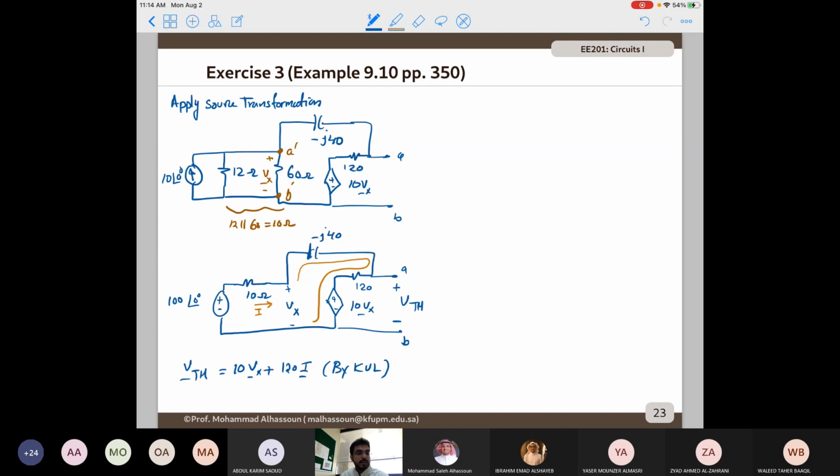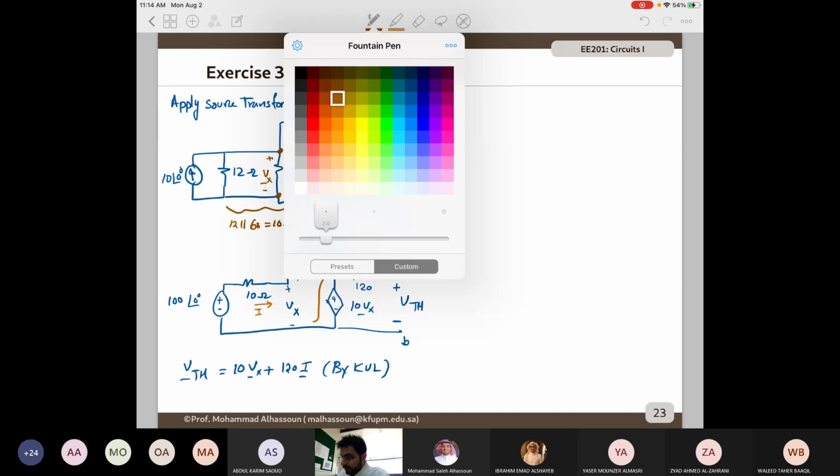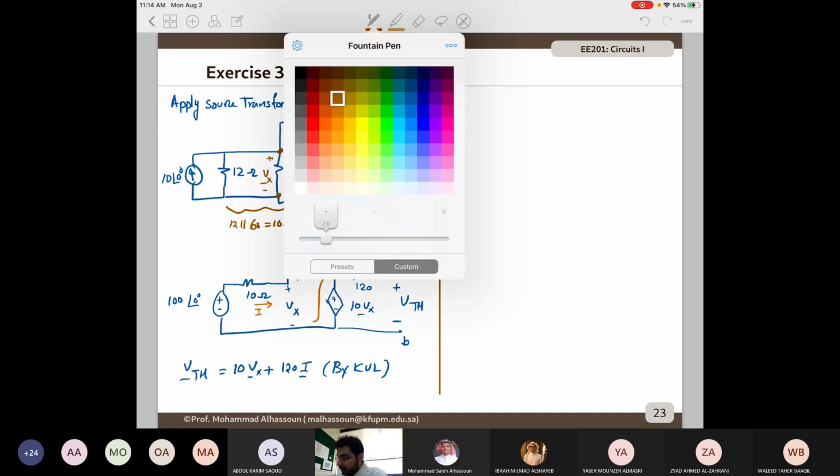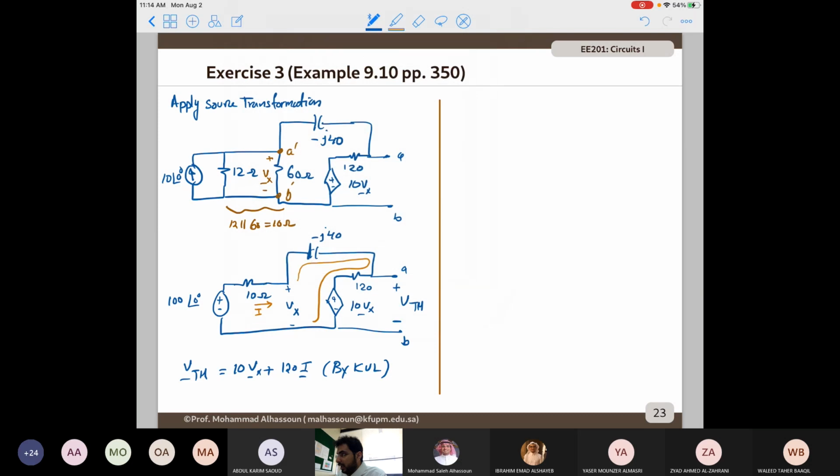So what I need to do is I need to find Vx and I. In order to find Vx and I, I need to find two independent equations. The first one, I can apply KVL in the big loop here.